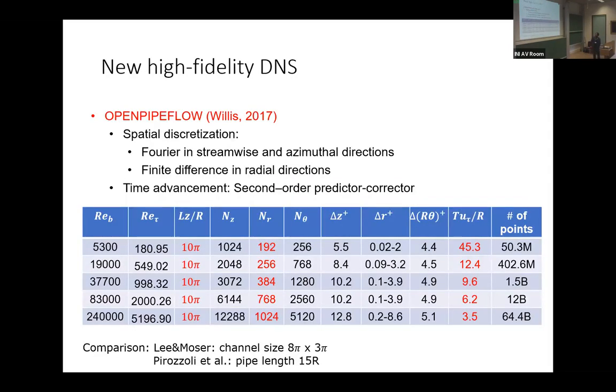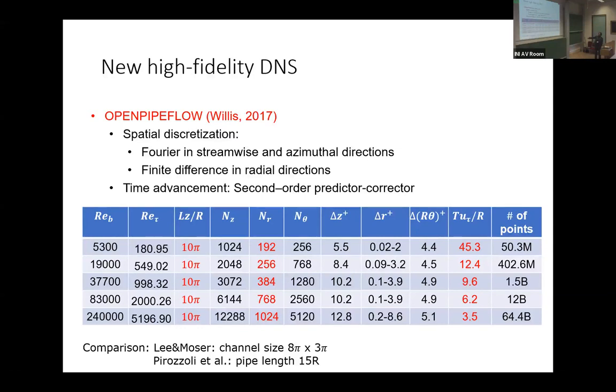Well, this is what we then did. It was in fact a longer project, maybe for the last 5-10 years, where we tested different codes. In the end, it turned out that openpipeflow from Ashley Willis was a good method to use, because the parallelization is very efficient, and from the discretization point of view, it really fulfilled the requirements that we had.